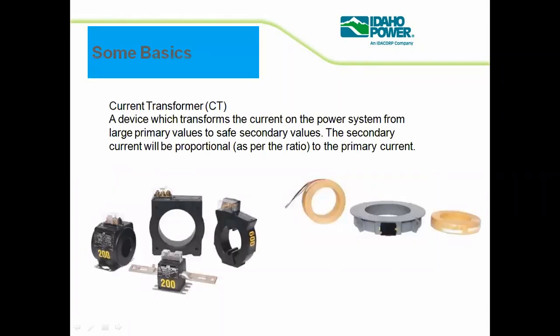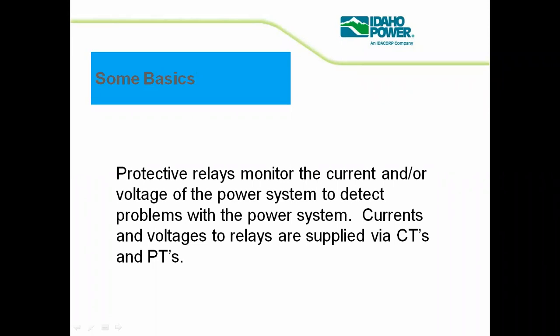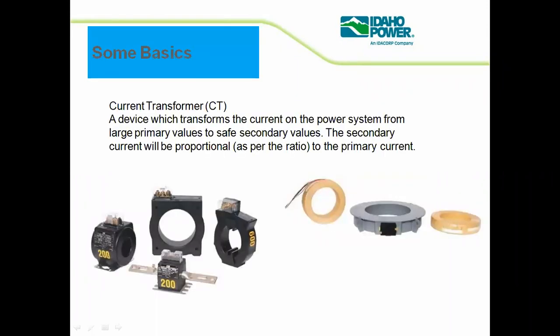In addition to that, we also use current transformers as well as potential transformers. These current transformers and potential transformers are also called protection devices. The current transformer measures the current level, and the potential transformer measures the voltage level.